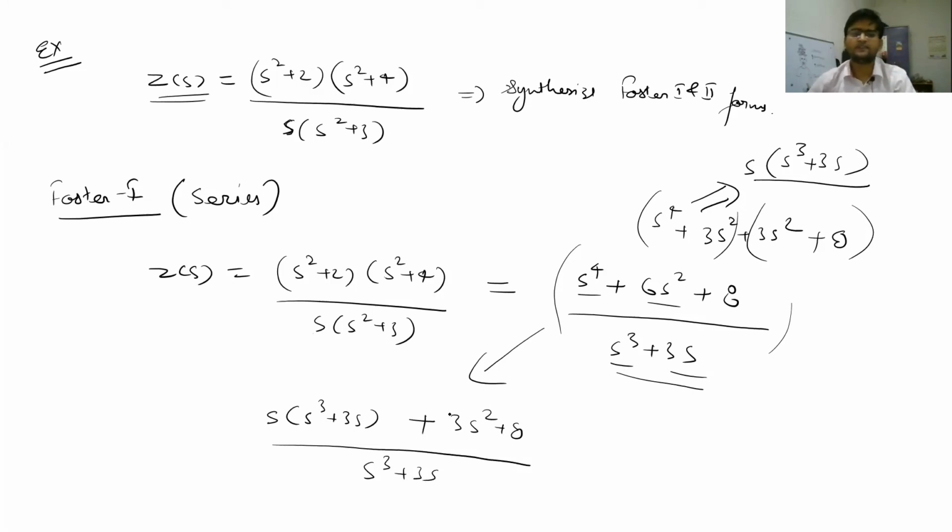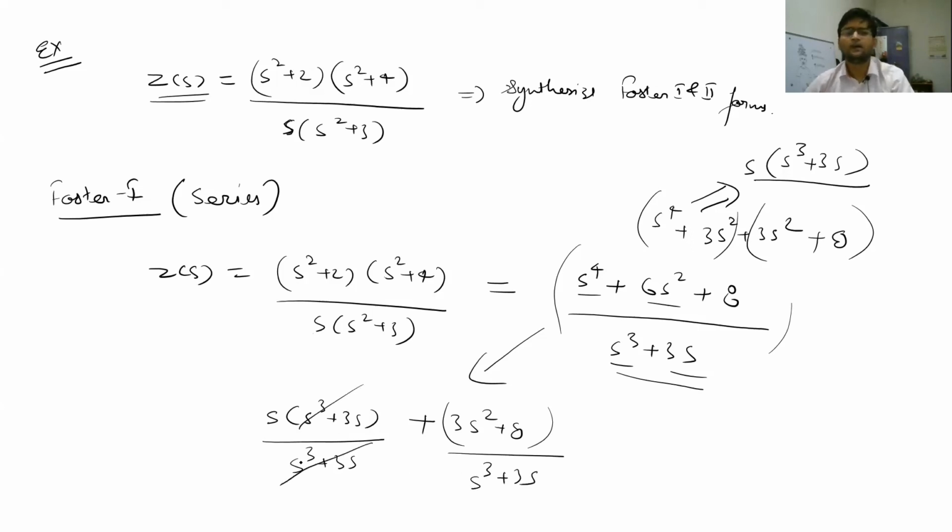Since this is a summation of two parts, we can divide it like this. So s cube plus 3s will come here, and here also s cube plus 3s. You can completely cancel these out, and you will get just one s here, and a fraction in which the degree of the numerator is less than the degree of the denominator.